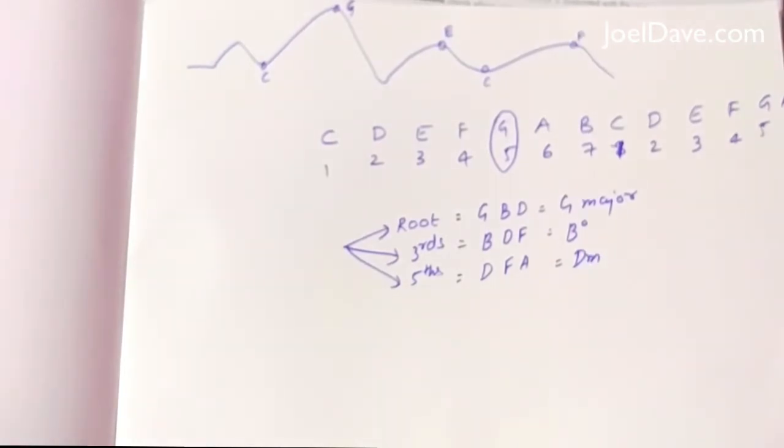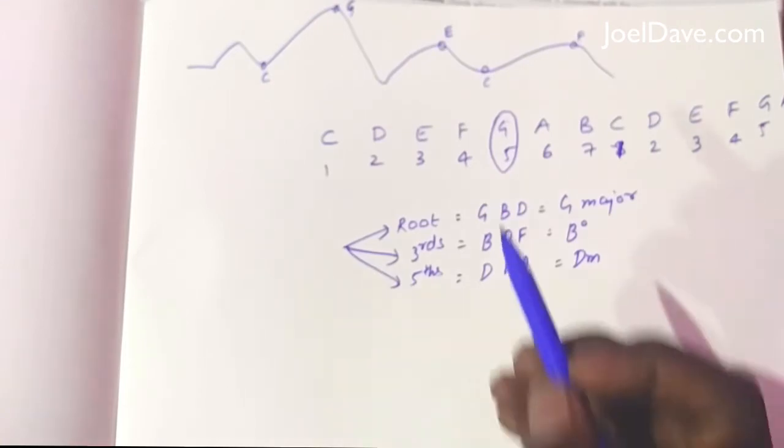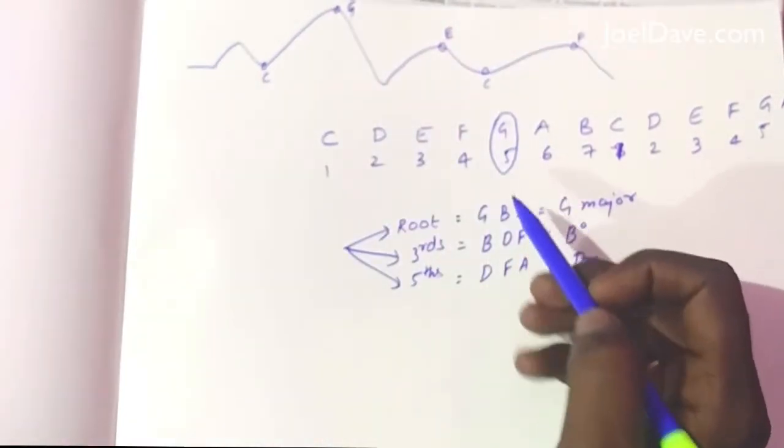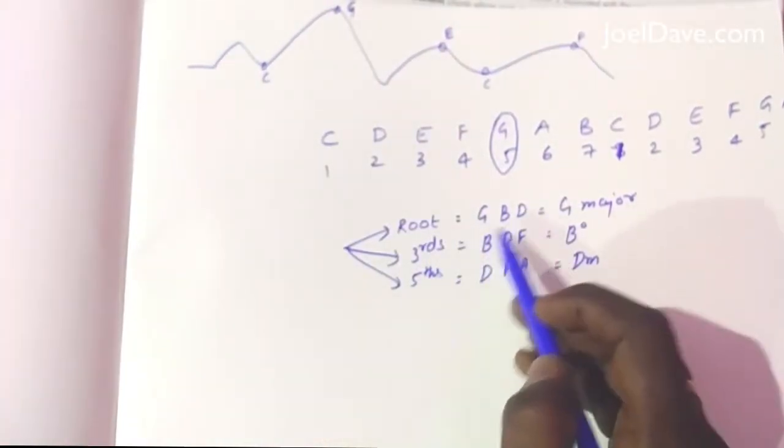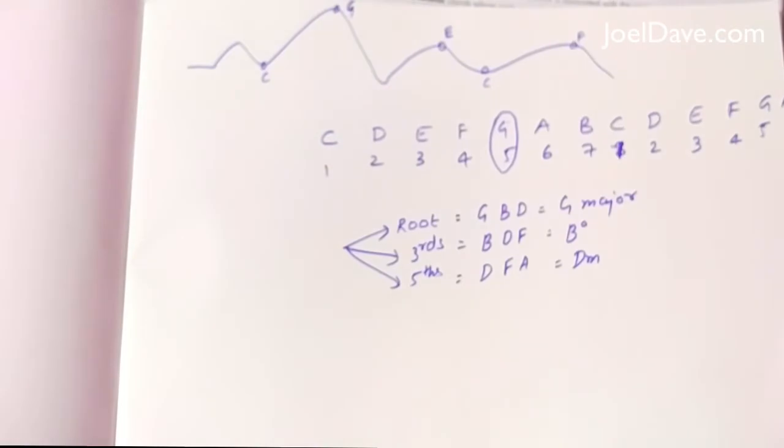To put it in simple terms, the diatonic approach of chord substitution says you can approach any melody note with a reharmonization using the root, the third, and the fifth of that melody note.